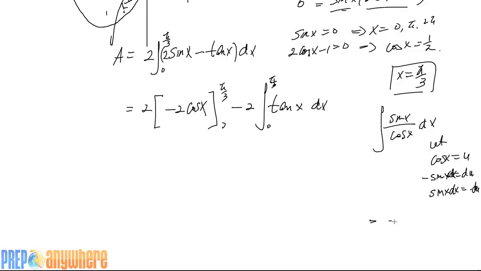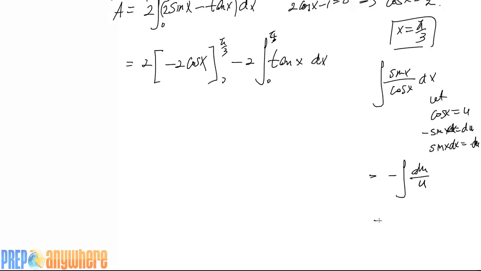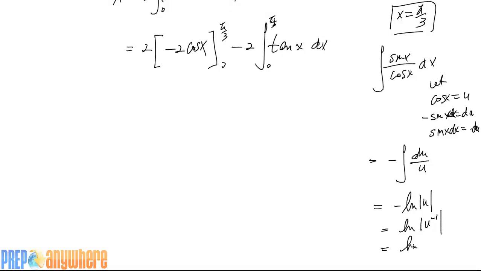So this is going to equal minus du over u, which is minus ln of the absolute value of u. Which is the same as ln of u to the power of negative 1 if you use the log law. So this is going to give us ln of 1 over cosine x, which is the same as ln of secant x.